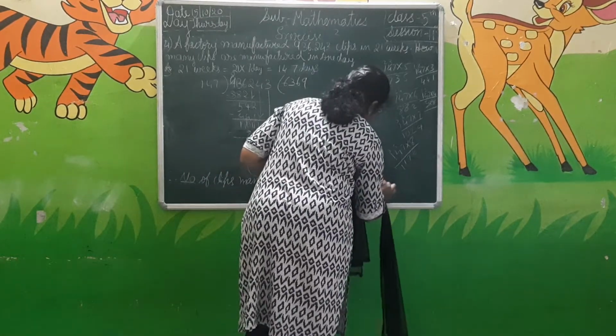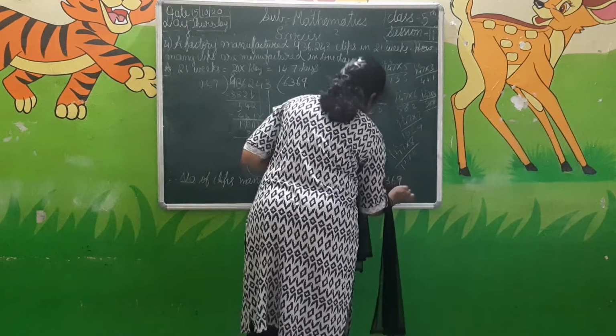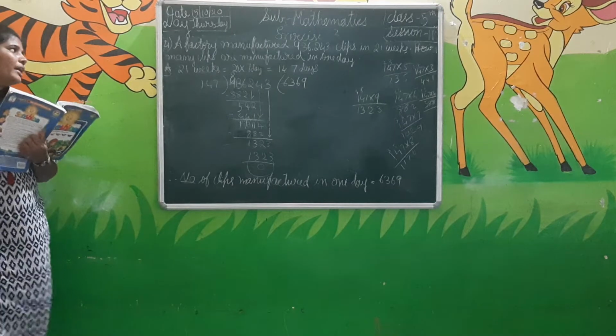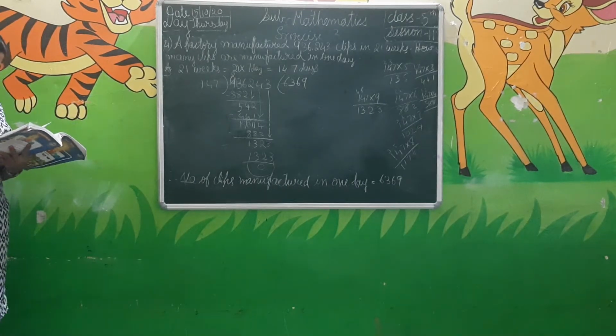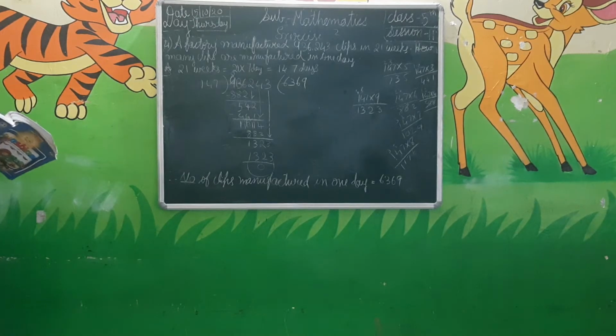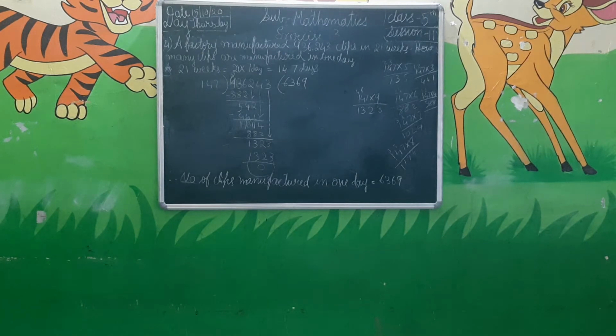That is 6,369 clips are manufactured in one day. Did you get it, children? Okay, do it, and you should copy everything in your notes itself.